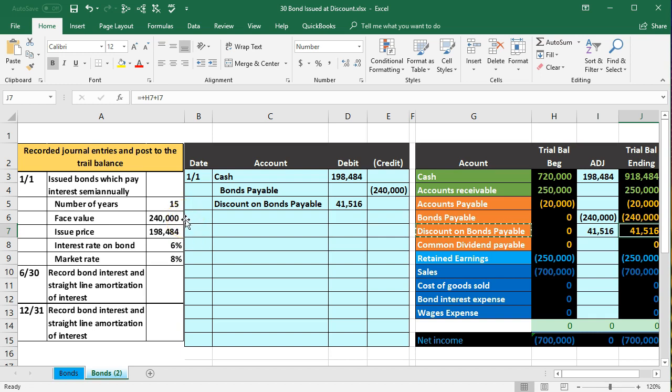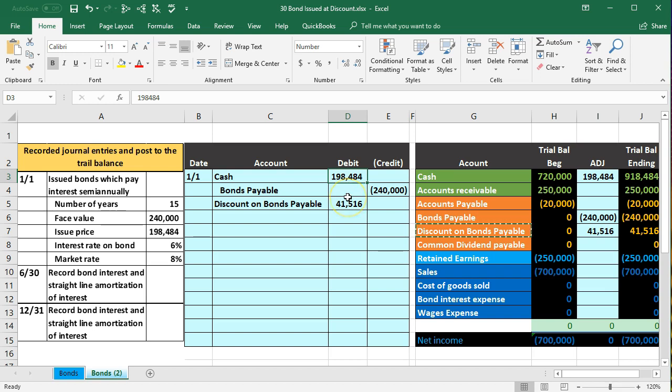What's really happening is we're saying we're going to pay back 240,000 at the end of the bond, but we're not going to receive 240,000 today. Why not? Because we think the interest payments are different from the market enough that it's going to cause that difference.